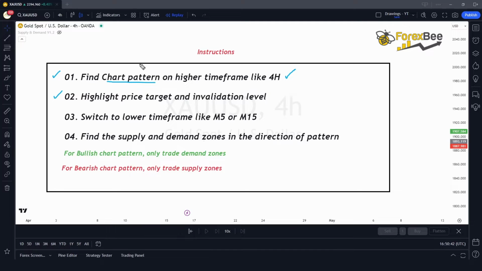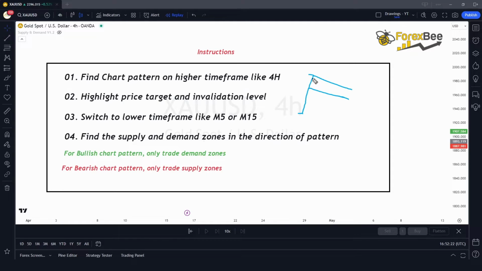Based on the chart pattern that we find in our higher time frame, every tradable chart pattern has some invalidation or stop loss level and a target level that we can use. For example, if we take the flag pattern, it looks like this, and the target that we want to achieve is at the level where the height or number of pips within this stick of this flag is.